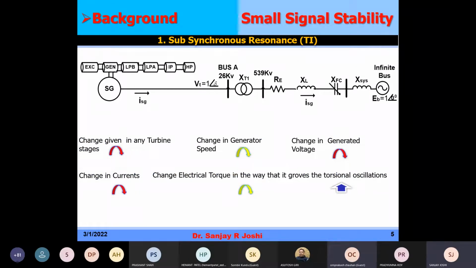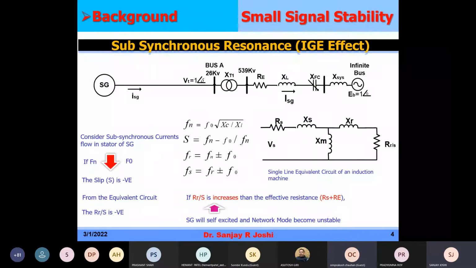Here there is a system in which the generator and turbines are also shown, the turbine stages. In the earlier system there was no mechanical system shown, so no mechanical dynamics.